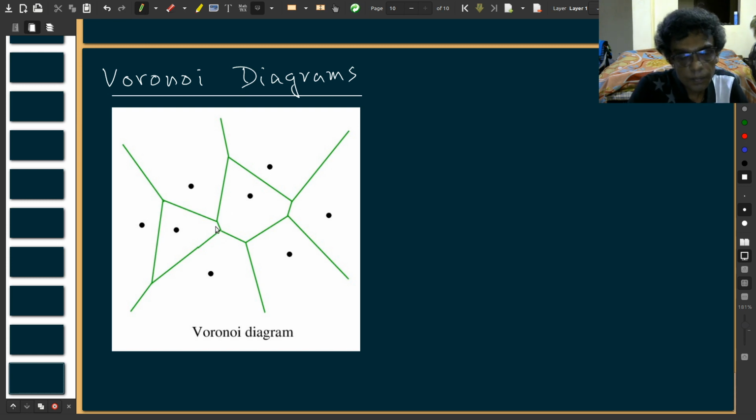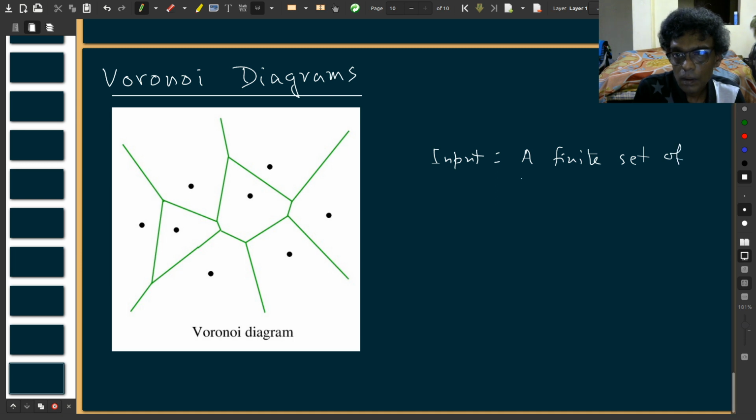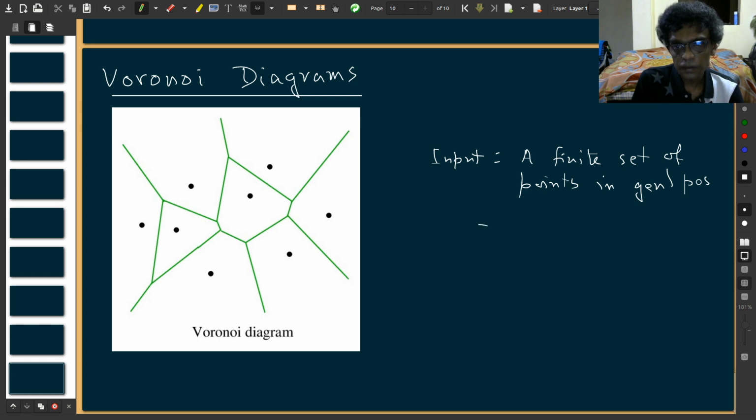So, in the two-dimensional plane, you are given as input a finite set of points in general position. What does general position mean in this context?